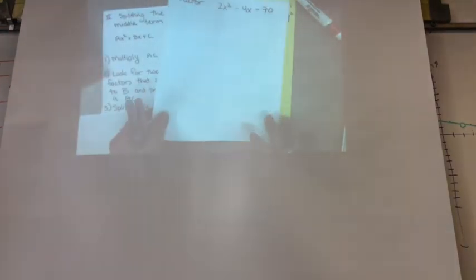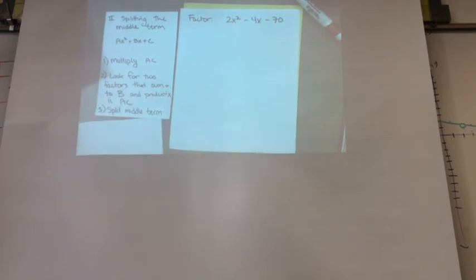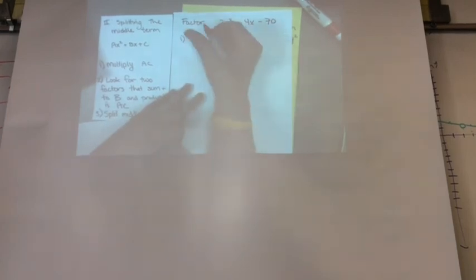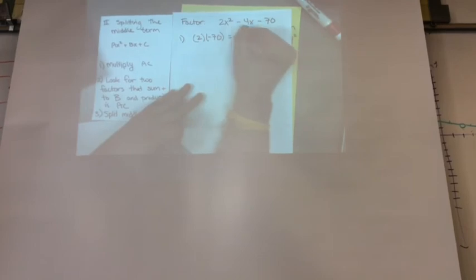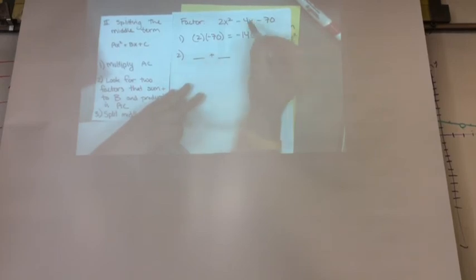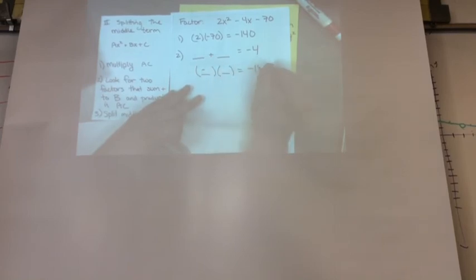I'm going to go ahead and throw up the factor of 2x squared minus 4x minus 70. Okay, first thing we do is we multiply a and c. So 2 times negative 70 equals negative 140. In my second step, I'm going to find two terms that add to b, which is negative 4, and multiply to negative 140.